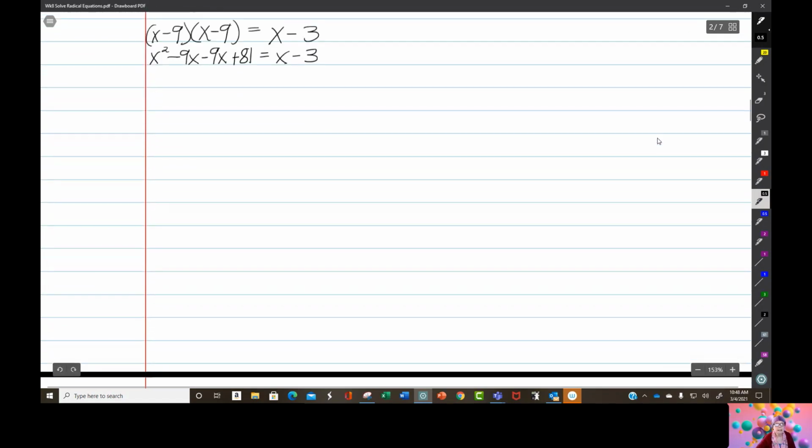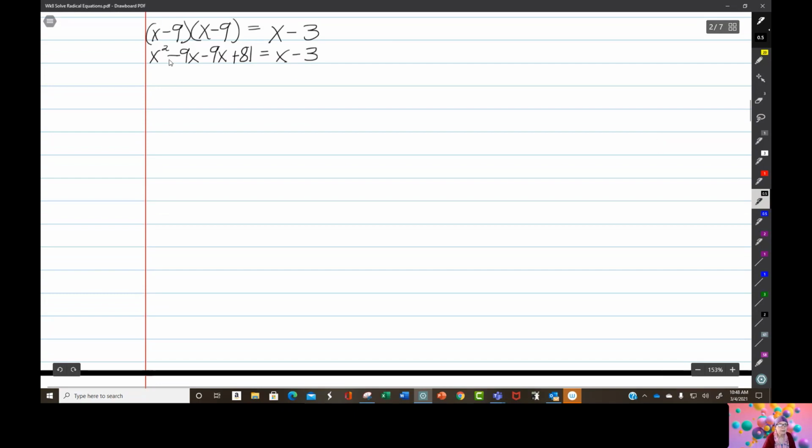I always found it easier to combine my like terms before I start bringing stuff over. So this is going to be x squared minus 18x plus 81 equals x minus 3.